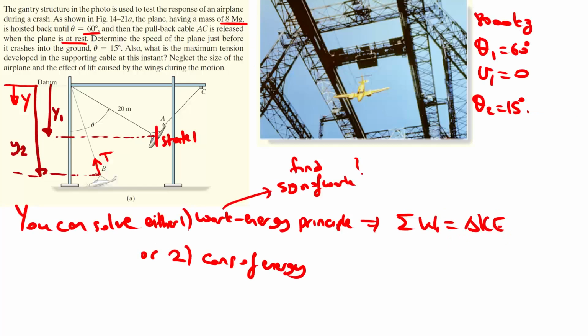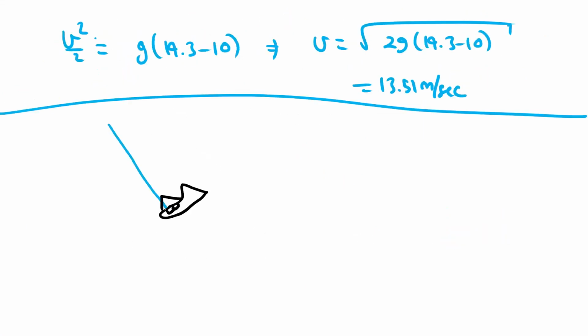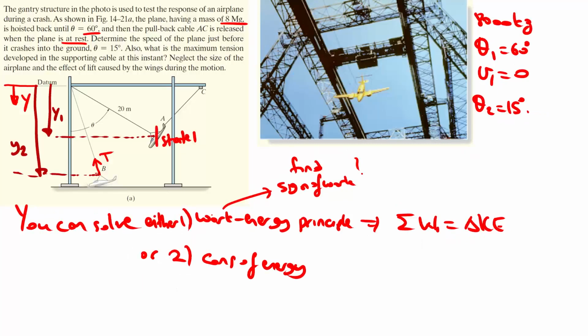It looked more like a shoe than an airplane. Anyway, so we have the cable, and on this cable we have a tension T. This airplane has some weight W. Okay, and then it goes this way.